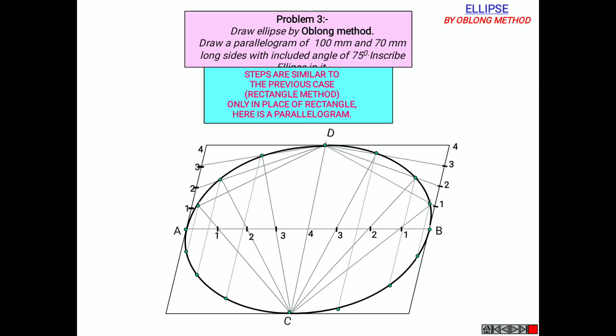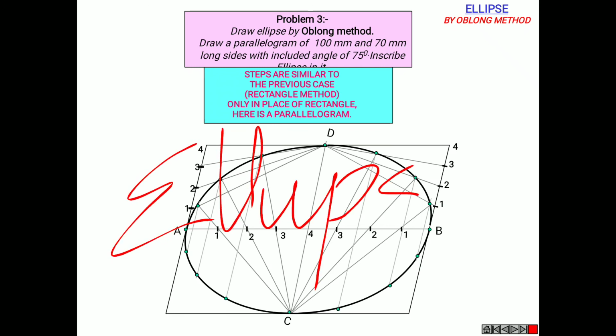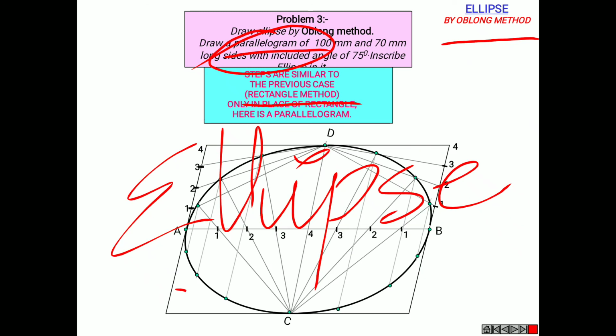So here gets an ellipse by oblong method. The difference is only just a parallelogram instead of rectangle. Instead of rectangle, we will just mark only a parallelogram, so that the angle of this up to here is 75 degrees.